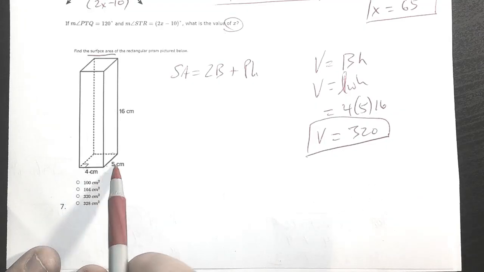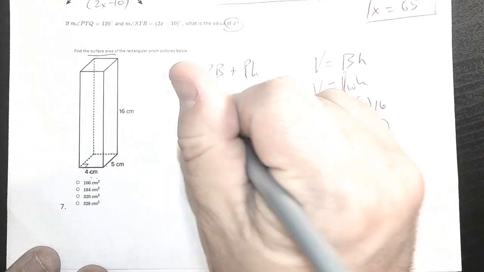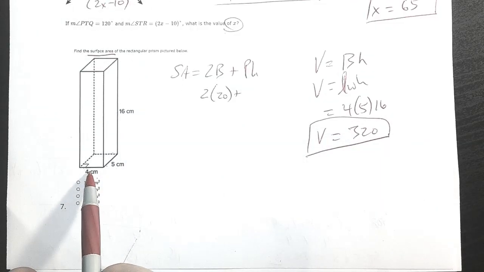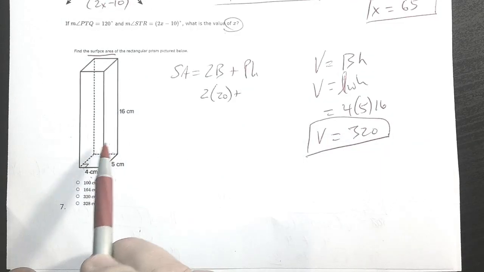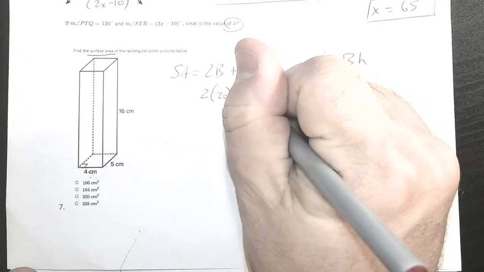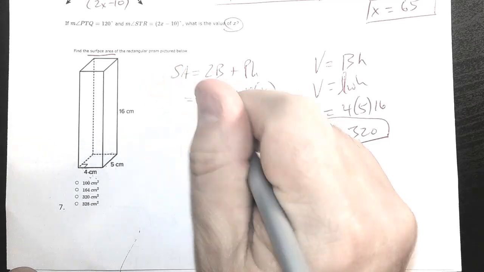So your base area, so that's length times width. 5 times 4 is 20. Your perimeter is this side plus this side plus this side plus this side. So 4 plus 5 plus 4 plus 5. 9 plus 9 is 18. The height is 16. So 2 times 20 is 40.